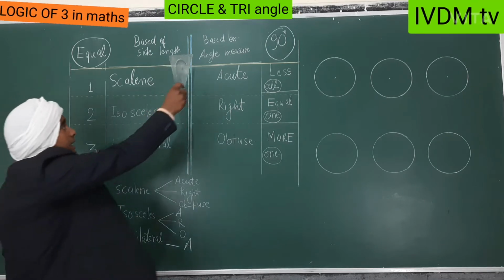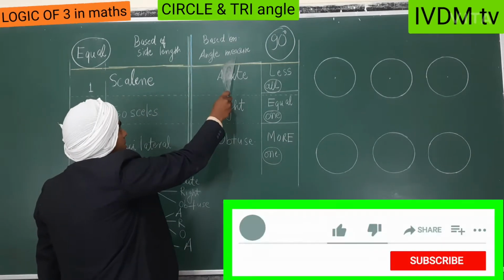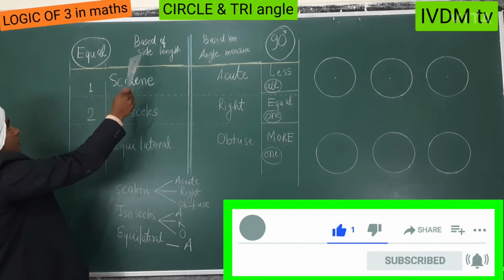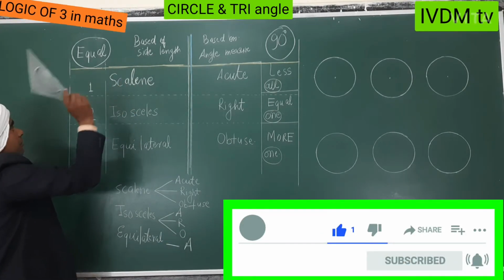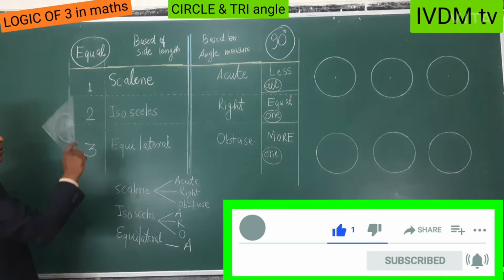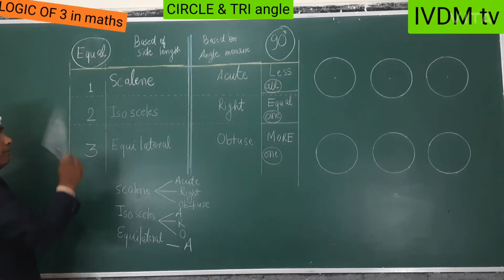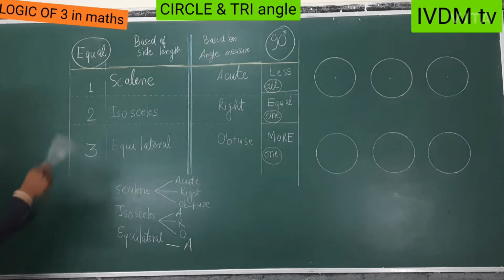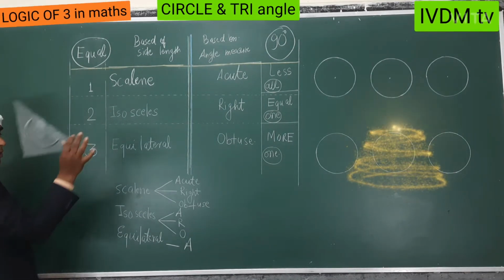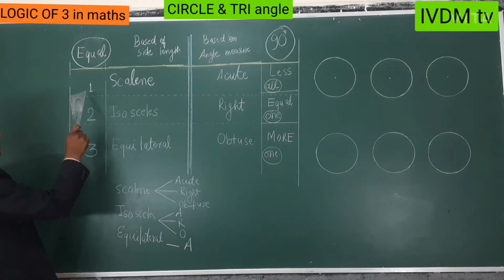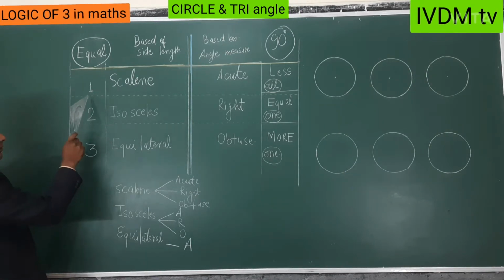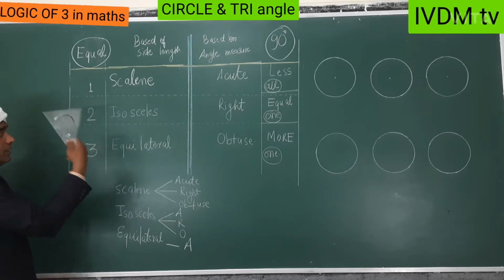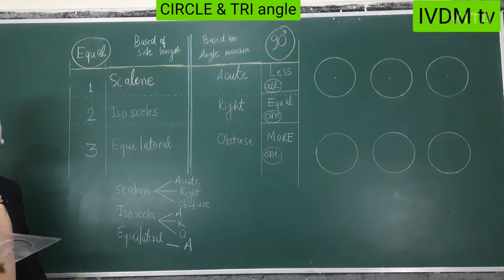And based on angle measurement... here we focus on how many sides are equal. So the important point here is equality of sides. Three sides are there in a triangle, so that's why only three options. I have written one side equal, which means all the sides are different.